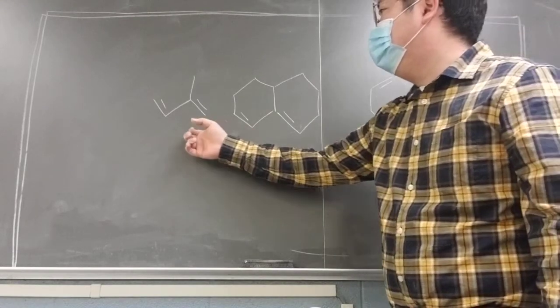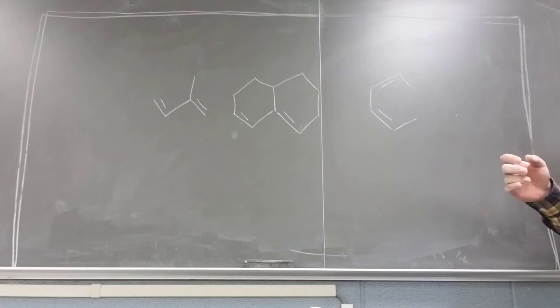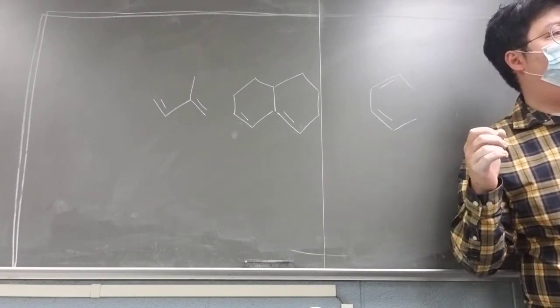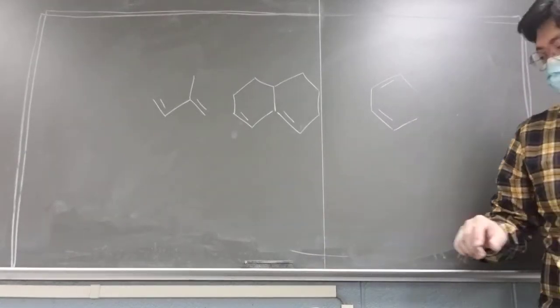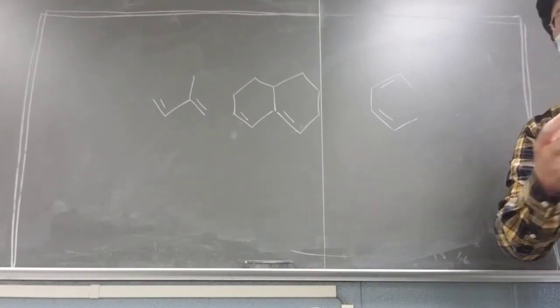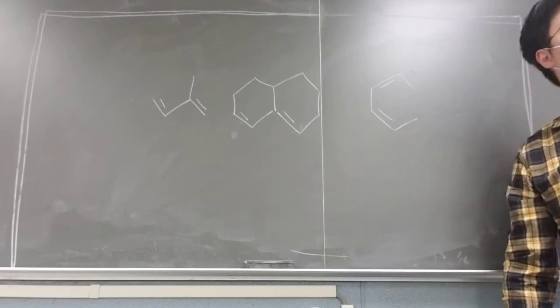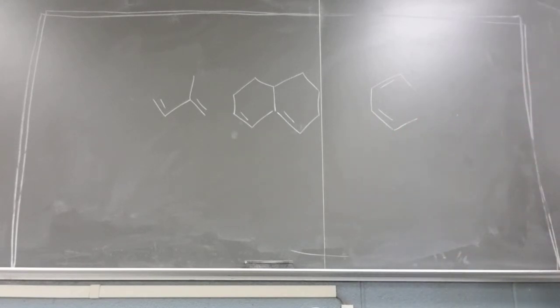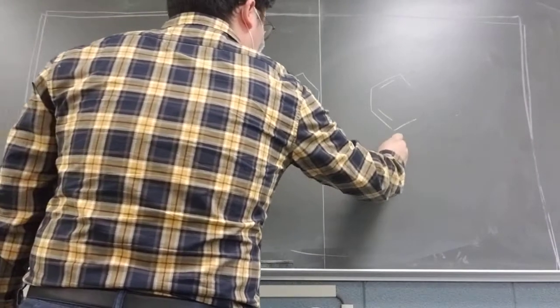I'll give you 3 compounds over here, and then I'll ask which one is the best one for Diels-Alder reactions. If you have those 3 dienes react with the dienophile, choose the one that works in the Diels-Alder reaction.